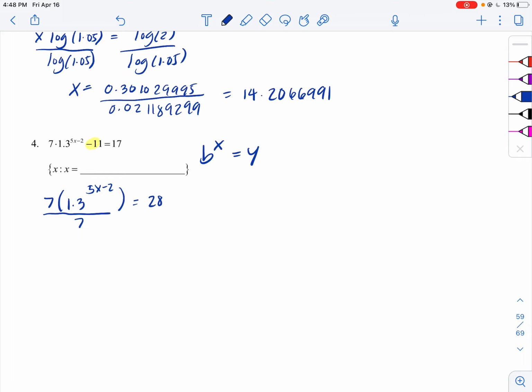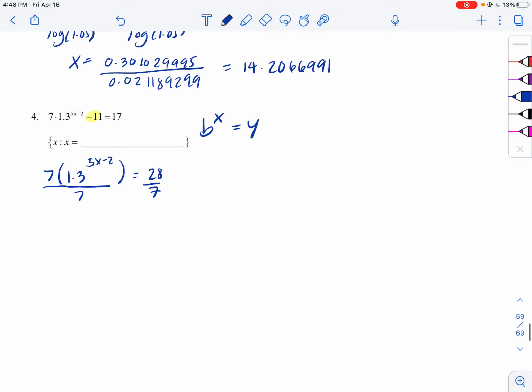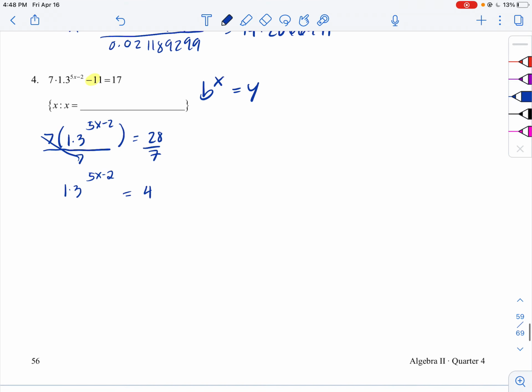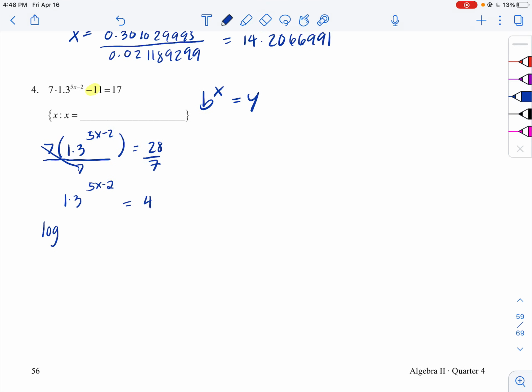And I can divide both by 7. That becomes 1.3 to the 5x minus 2 equals 4. It looks like we no longer have a distraction. We have our b, we have our x, and then we have one value y. Okay, so let's insert log.